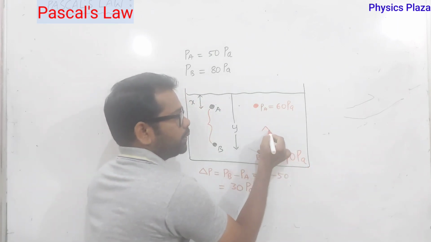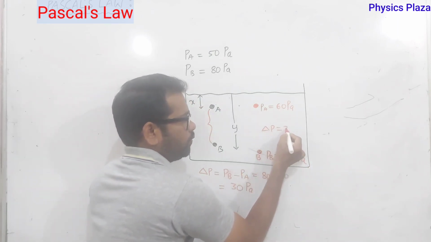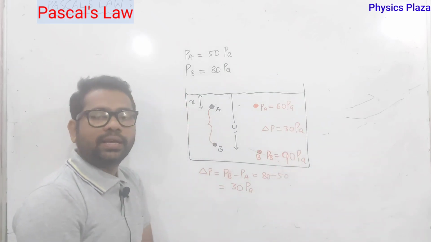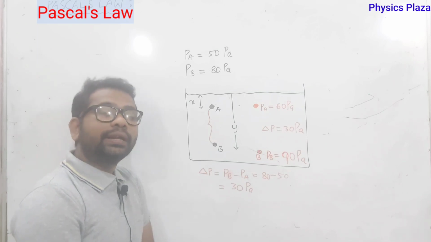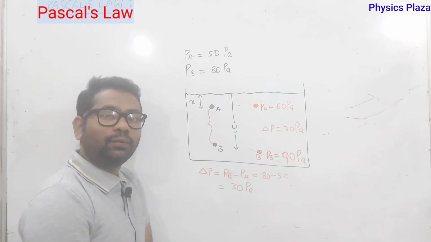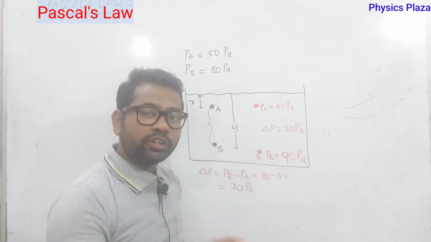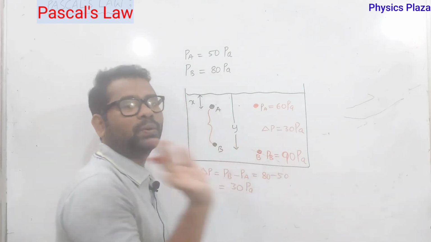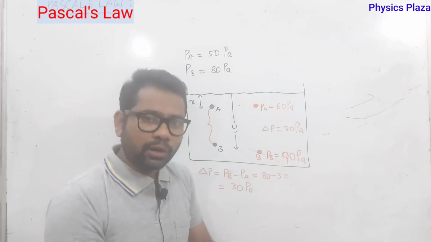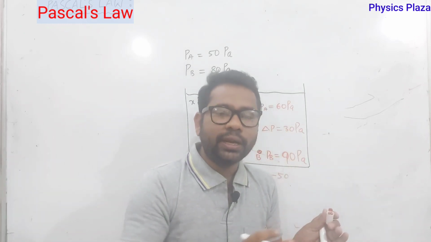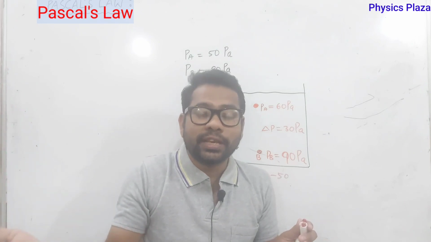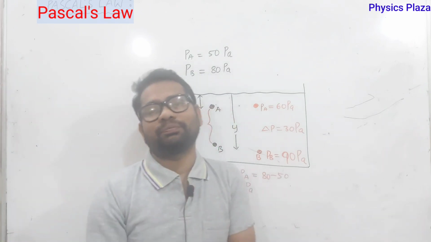So that the pressure difference always remains the same. It happens only when the same amount of pressure is increased at the other point also. It means that when you increase the pressure at one point, it is transferred to the other point, and there also the pressure is increased by the same amount.